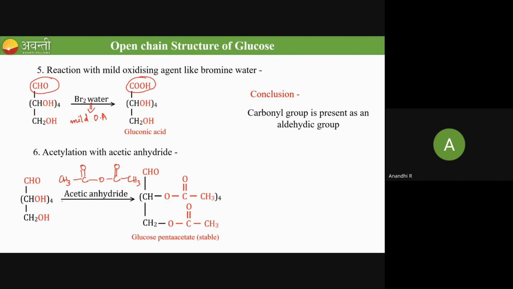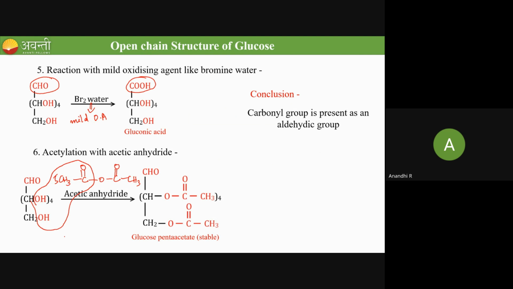So here, the OH from all the alcohol parts comes out as acetic acid. Five moles of acetic anhydride will react with the glucose. Since we have 5 OH groups in the glucose molecule, all the 5 OH will be removed with CH3CO as CH3COOH. The remaining OCOCH3 is getting attached to the carbons from the second carbon till the sixth carbon.